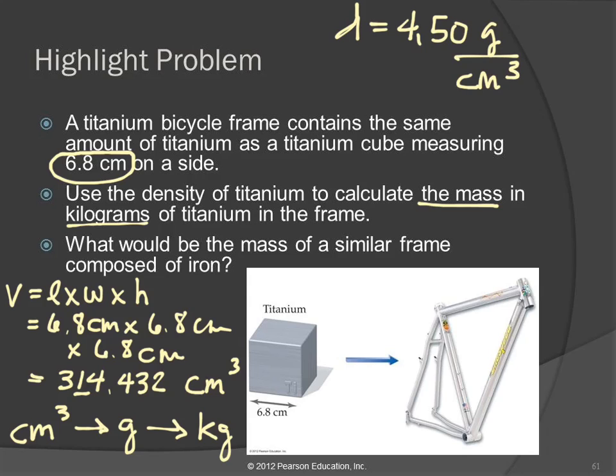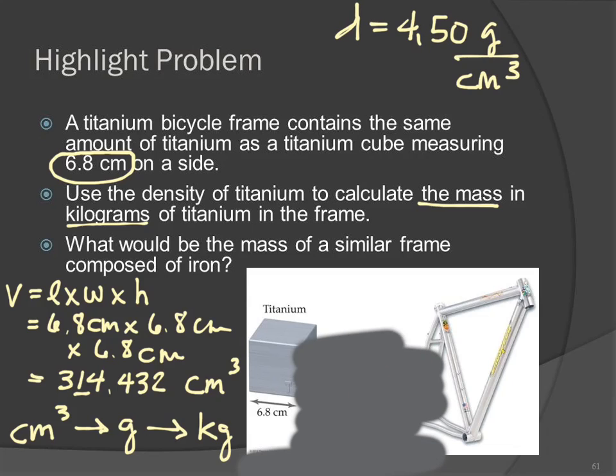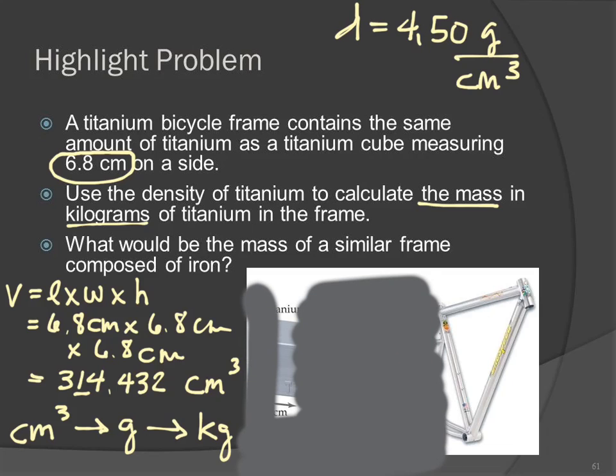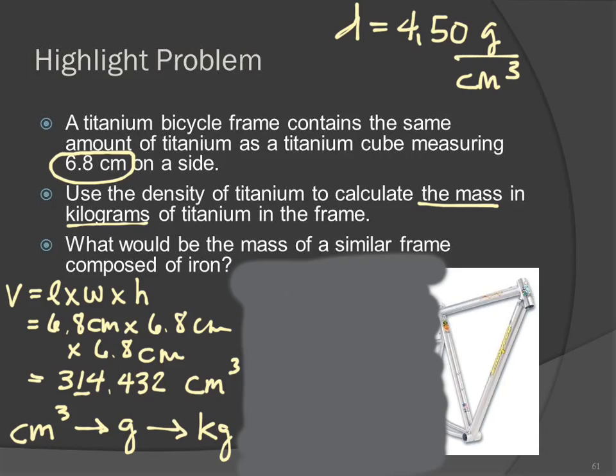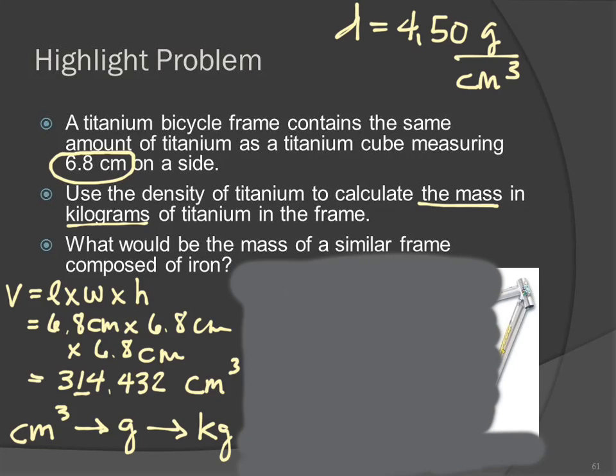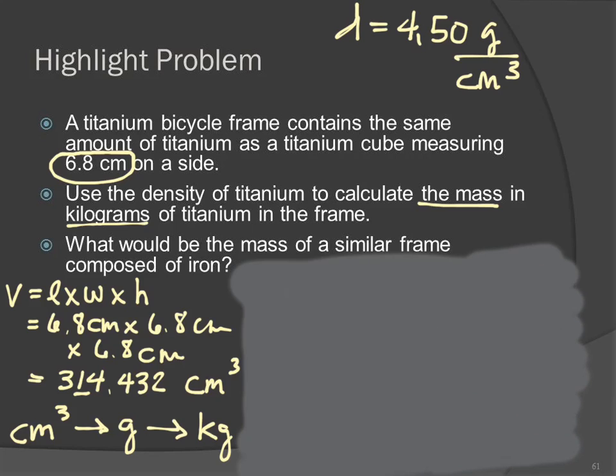I'm going to get rid of this picture because I need the space. The picture was useful, but I just don't have enough space. Ta-da! Isn't that fun? So I want to go cubic centimeters to grams to kilograms.